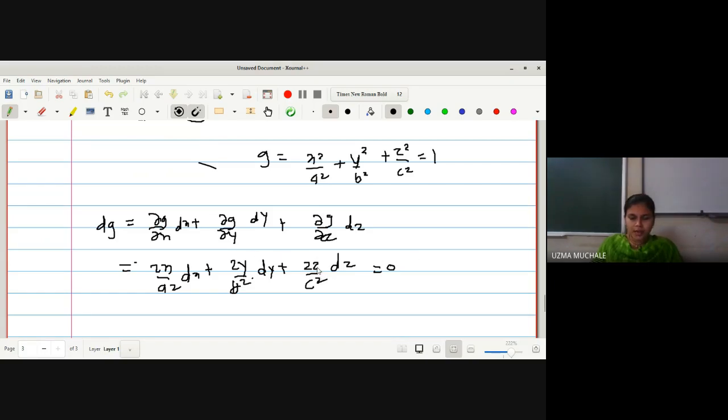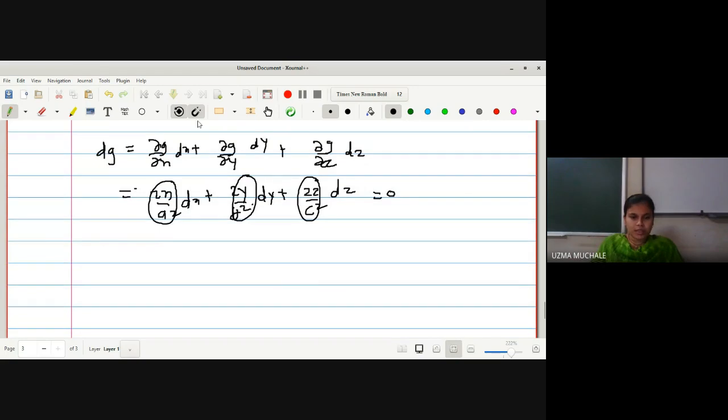So what will happen here? If you want to prove it is not equal to 0, all these coefficients of dx, dy, dz should not be equal to 0. Otherwise, when will it be equal to 0? All the coefficients of dx, dy, dz will be equal to 0 only if x, y and z are all equal to 0.